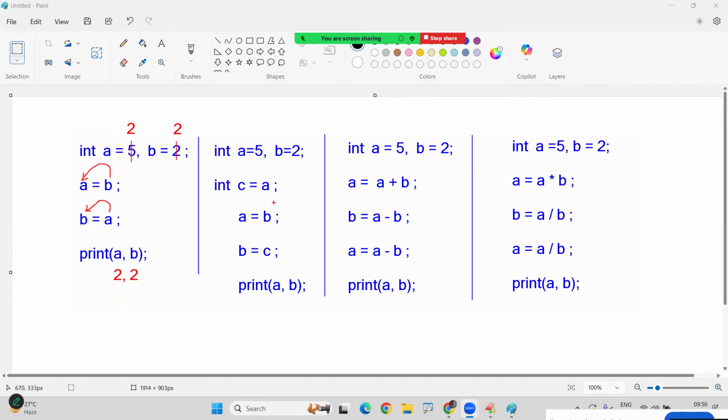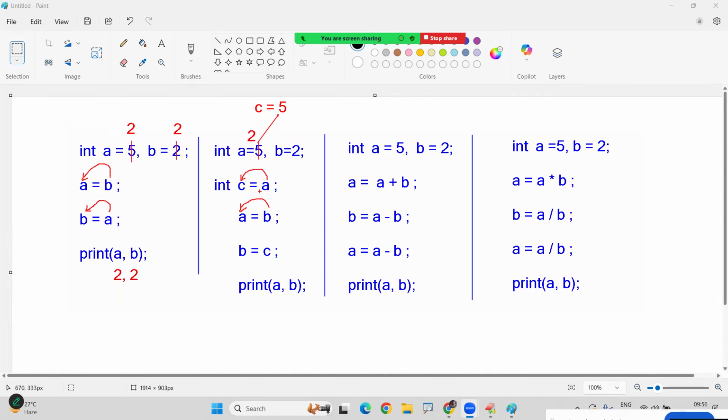And now look at this. a value you are storing into c. Taking one extra variable, a value storing into c. b value you are storing into a. What is b value? 2 storing into a.